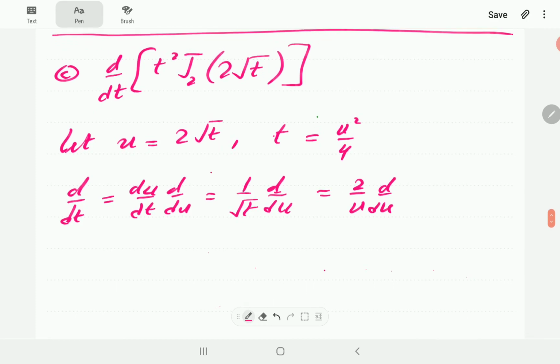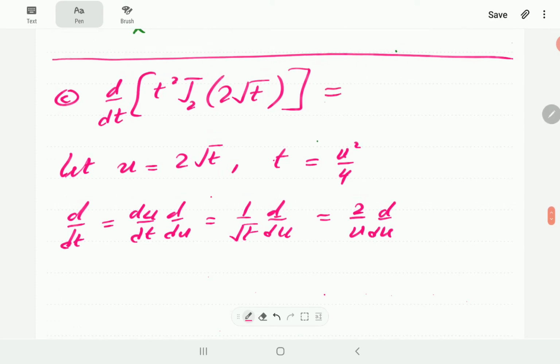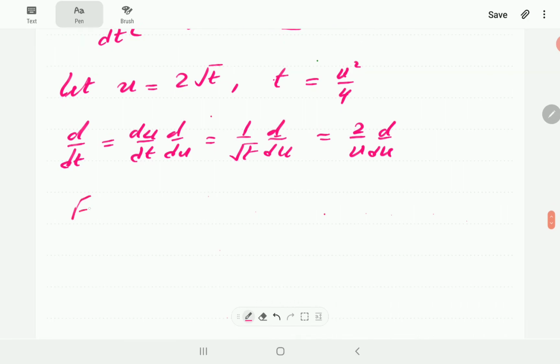Okay, we can now write this in terms of u. So let's call it f. So that means f is going to be 2 over u du. u squared is going to be u to the power 4 over 16.